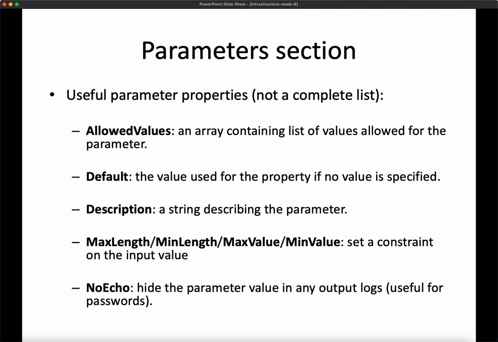You can define a max length and min length, max value or minimum value. You can create constraints for these parameter values within the template. There's also a special parameter property called NoEcho, which you would commonly use for something like a secret, where if somebody's providing a parameter value, you don't want to echo out that value either to the screen or into CloudFormation logs.